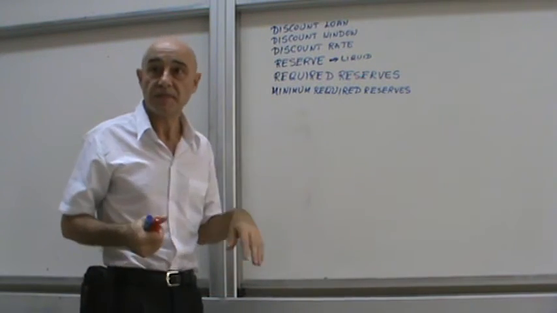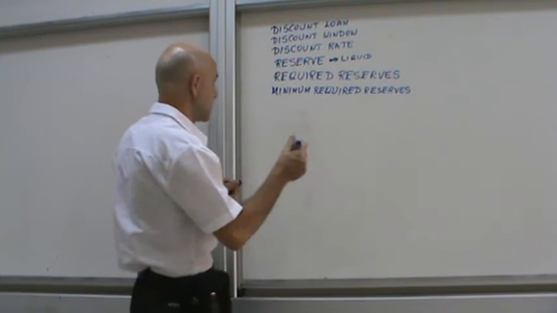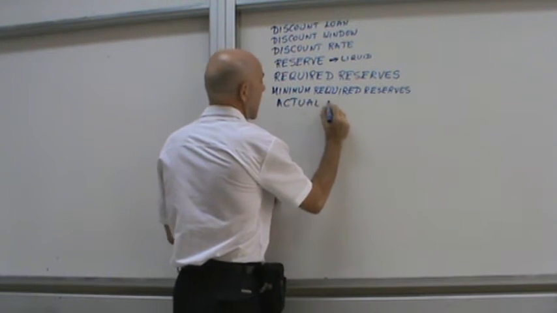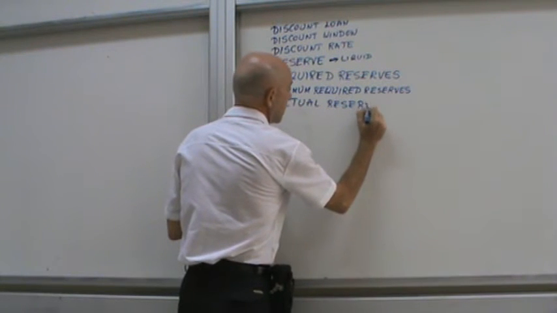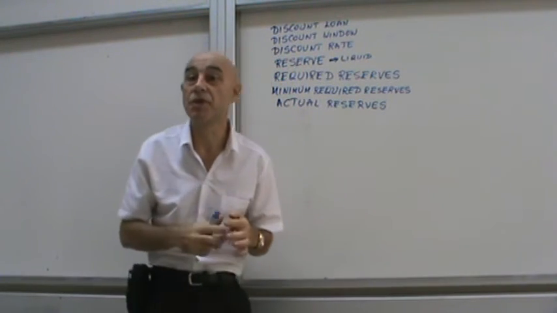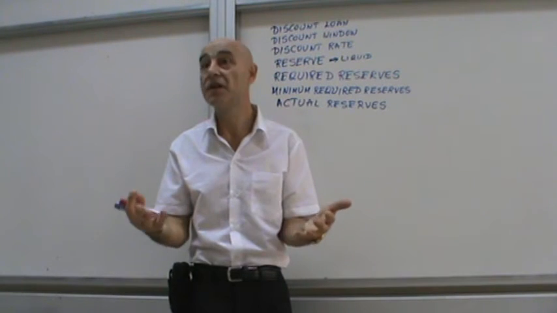And then you have actual reserves. These are the reserves that the commercial bank actually has on hand, available.